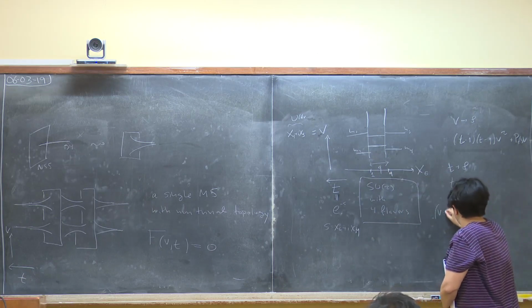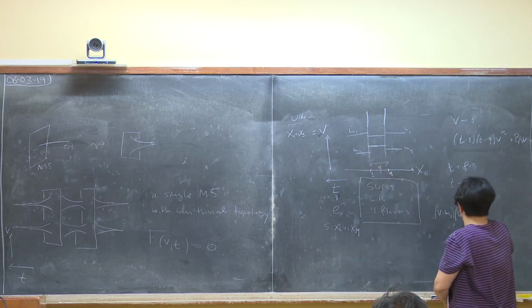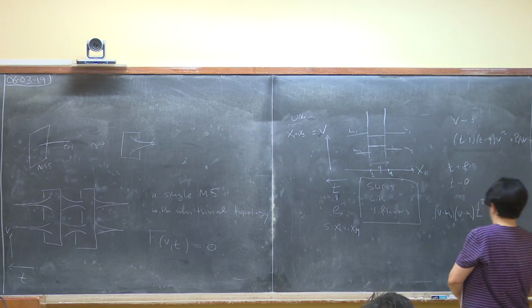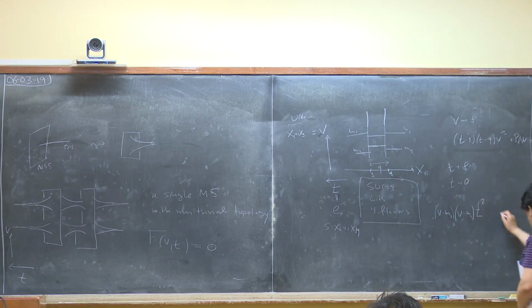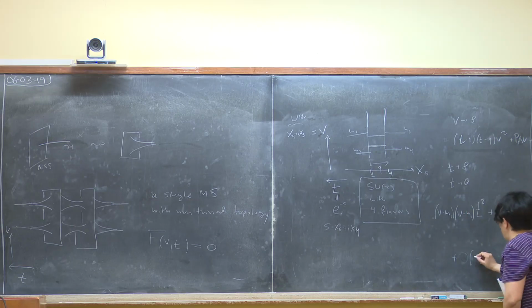I will pick these two zeros, here and here. There will be things here, and in the end there should be something. Here there is a possible coefficient that I will fill in in a moment. So that's what is happening.